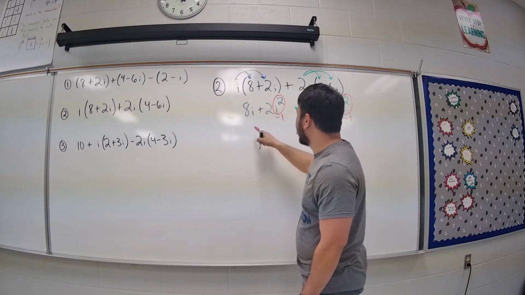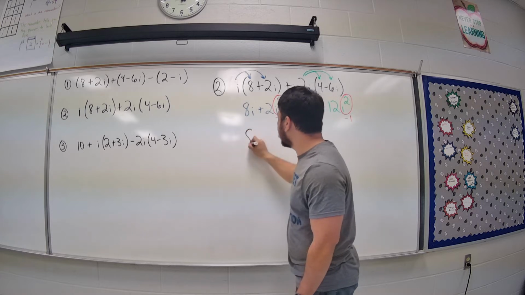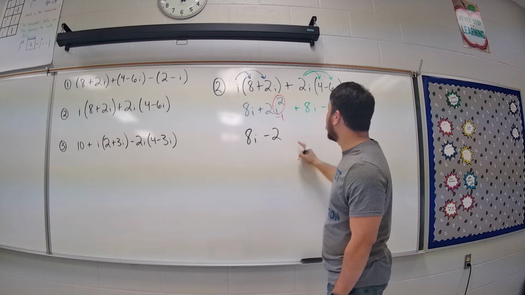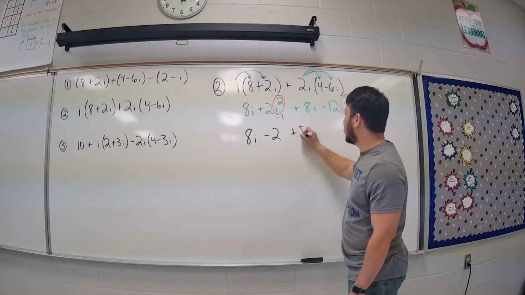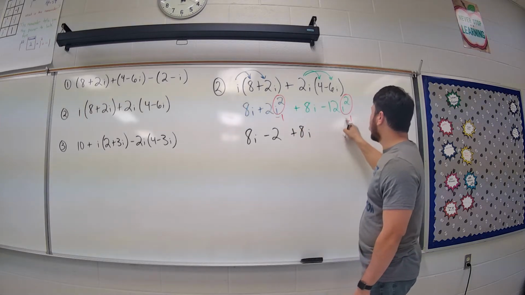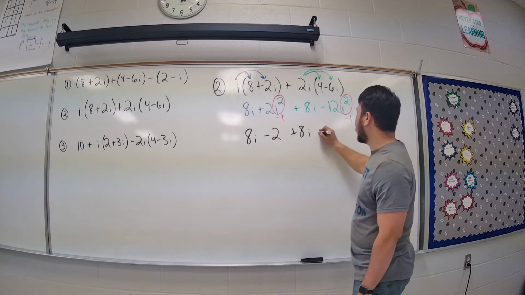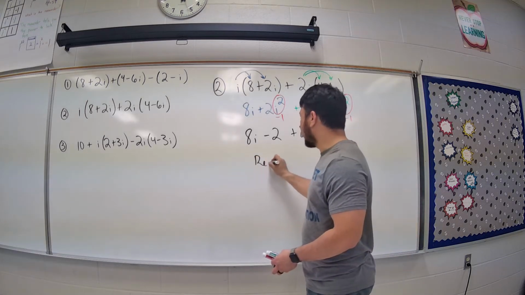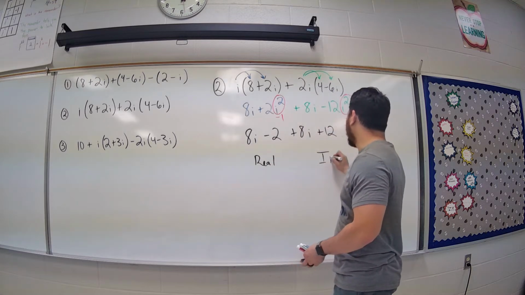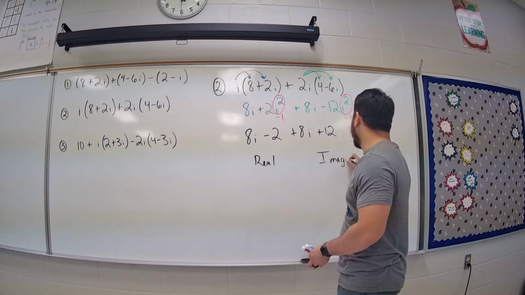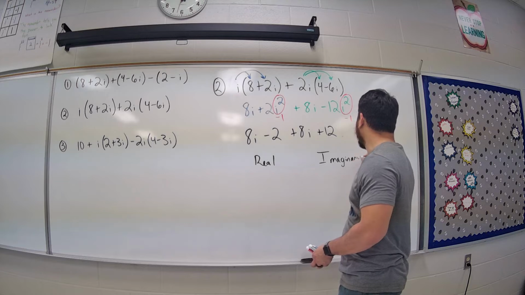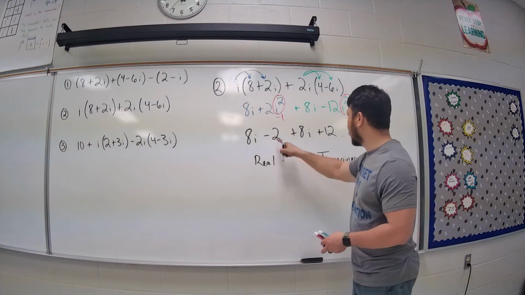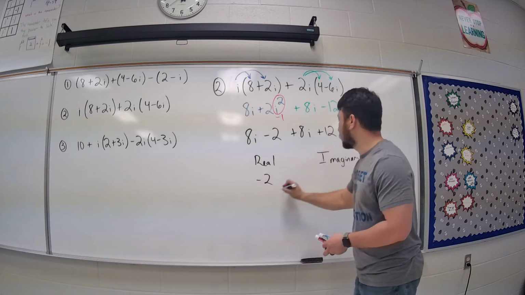So I'm going to have 8i still here. 2 times negative 1, well, that's now negative 2. I still have 8i here. Negative 12 times negative 1 will now be a positive 12. And then just like our last example, let's talk about the reals and our imaginary. Okay, so our real numbers, negative 2, positive 12.